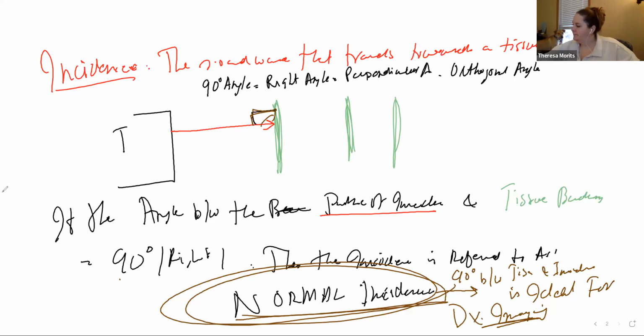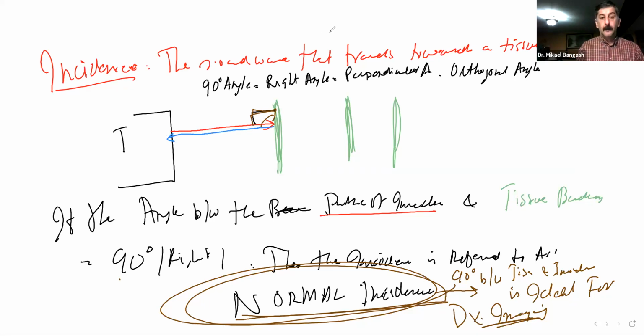And why would that be ideal? Mainly because we know that the reflection is going to come right back, just like our mirror example the other day.